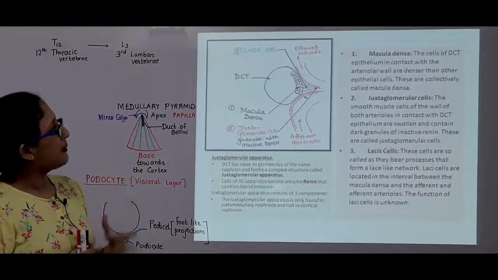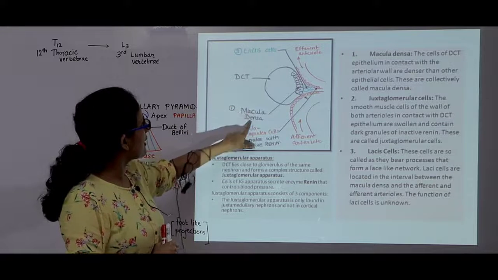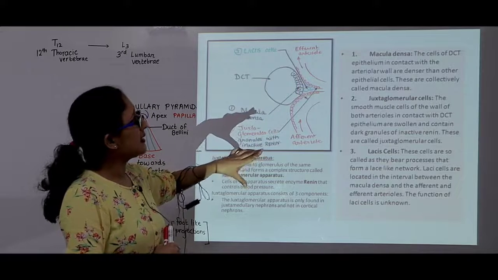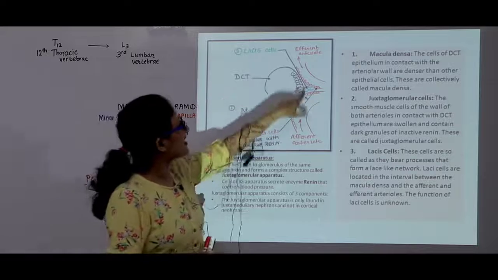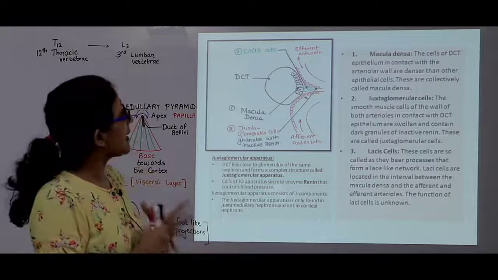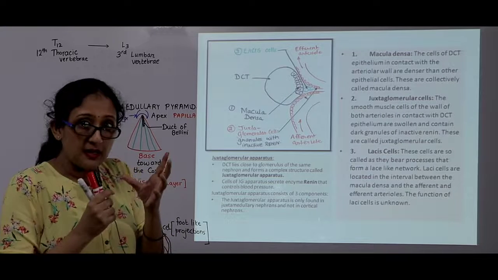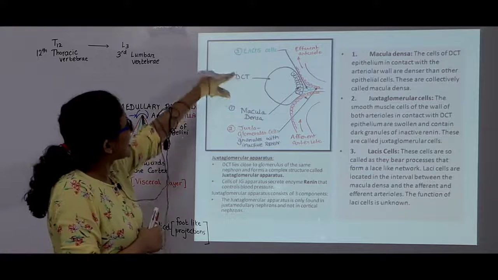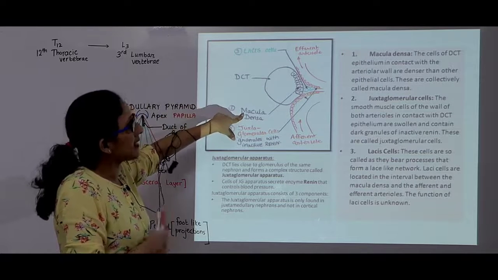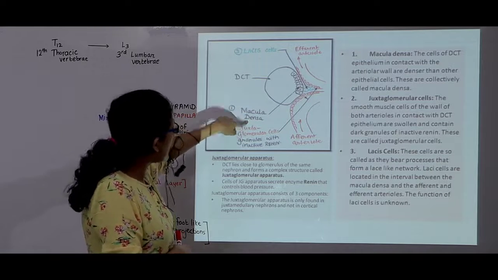So the black portion is the macula densa. The cells of the DCT that come in contact with the red portion, the afferent and the efferent arterioles, are comparatively much denser than the other cells. That's why I've used the same color. So the cells of the DCT which are much denser than the rest of the cells are called macula densa. So macula densa, D for DCT.